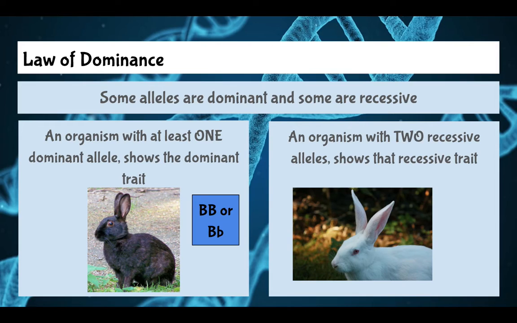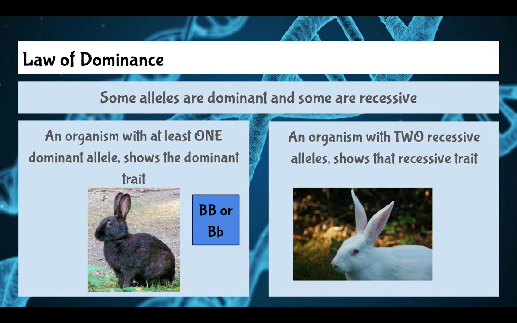This bunny rabbit with the black fur on the left could be capital B, capital B, or capital B, lowercase b. We designate the dominant trait to have the capital letter, and we always write capital letters first, just like at the beginning of a sentence, you always write the capital letter first.